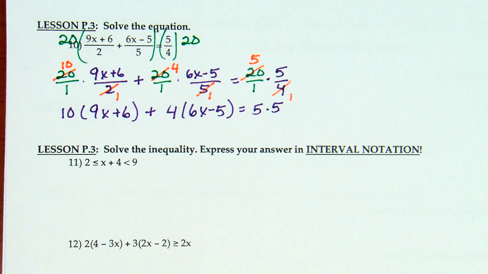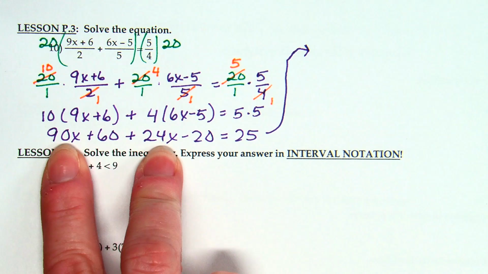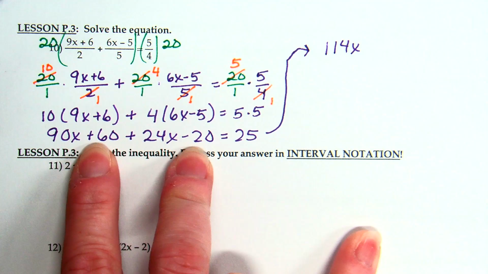Then I'm going to clean up like terms. 90x and 24x are on the same side of the equation. Don't do anything crazy like trying to subtract them over. Just put them together. 90 and 24 is 114x. 60 minus 20, they're on the same side. Do what it tells you. 60 minus 20 is 40. So plus 40 equals 25.